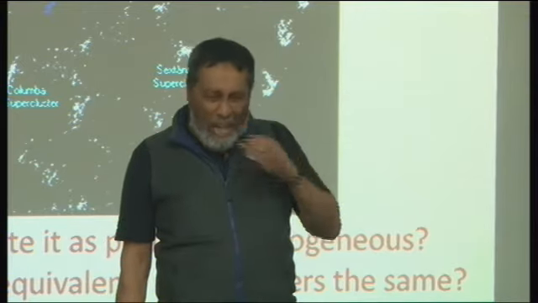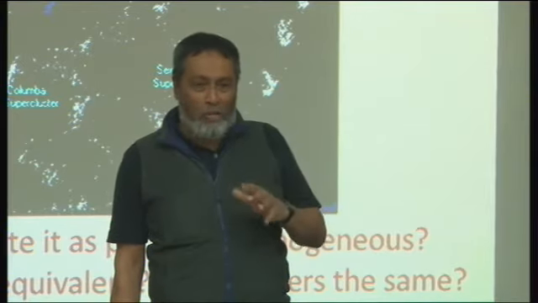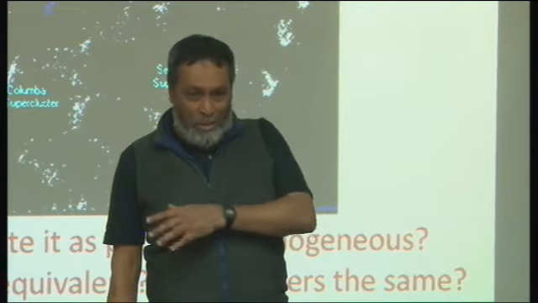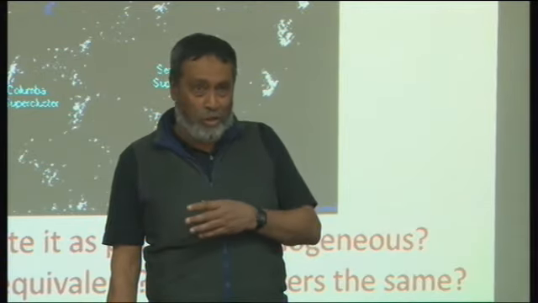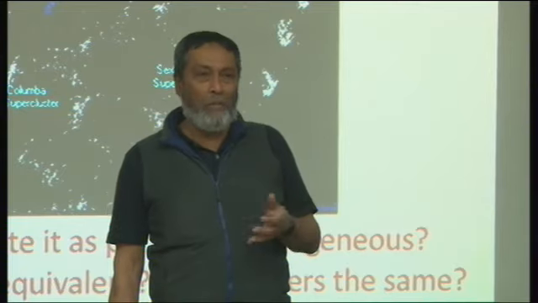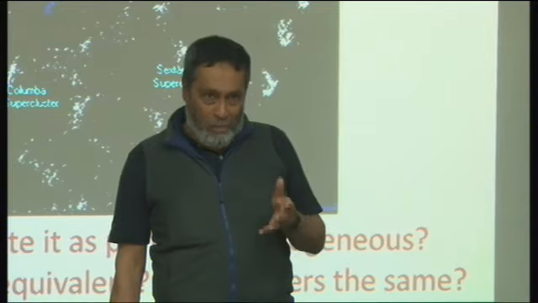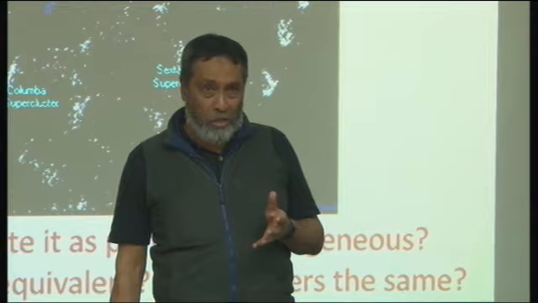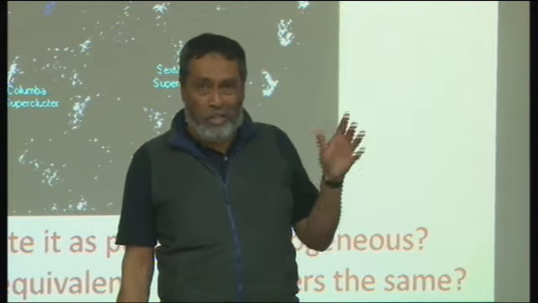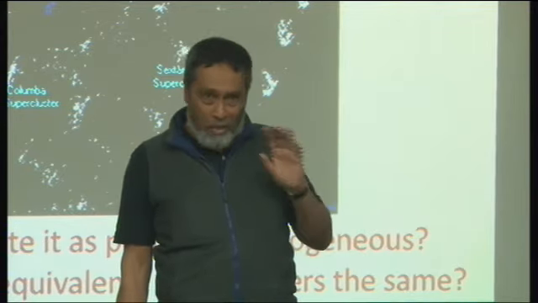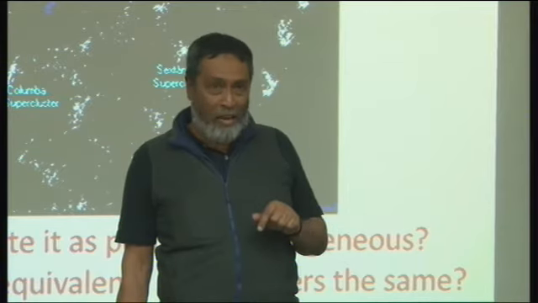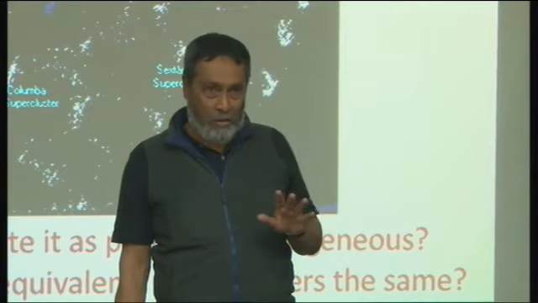But in every model that has been written down which involves the present day acceleration, you have to introduce the parameter H naught by hand, 10 to the minus 42 GeV. Whatever you call it, quintessence, phantom energy, blah blah, you always have to put in that scale by hand. It is not a natural scale.